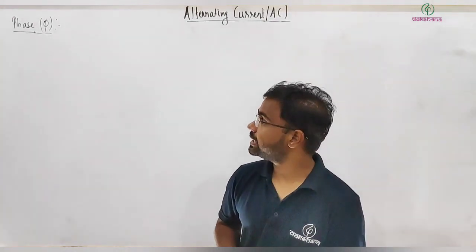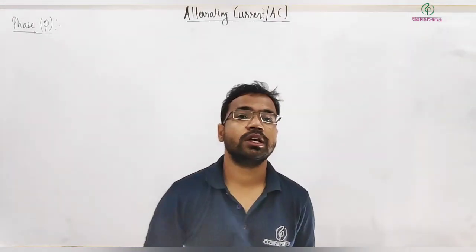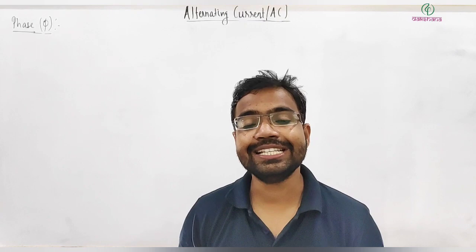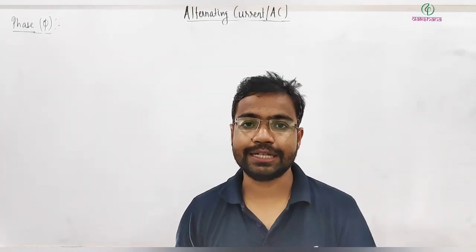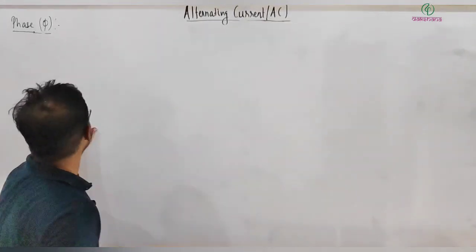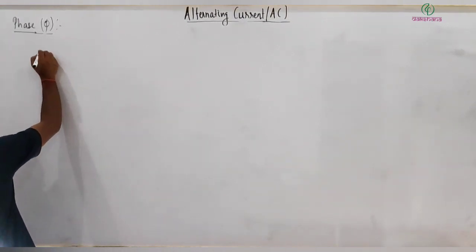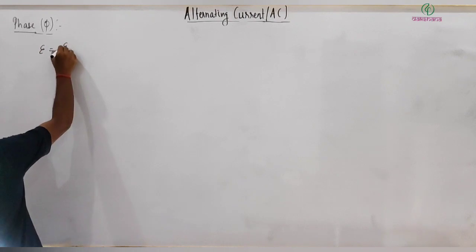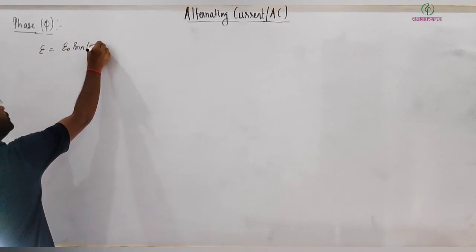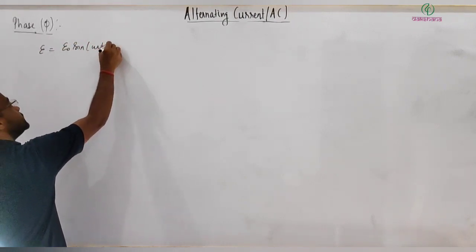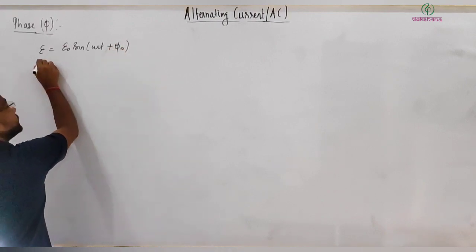And there is one more thing that is quite important for understanding AC or alternating quantities and alternating current. That is phase. I think you must be familiar with this term. So here if I write E is equal to E naught sine of omega t, or in general term I can write plus phi naught, is it?